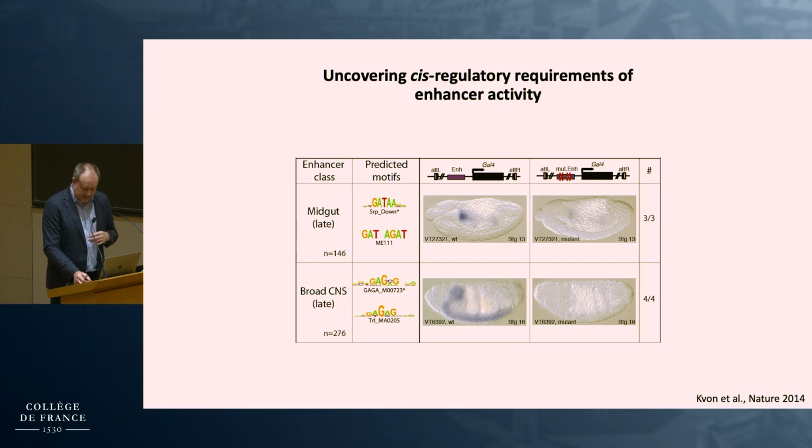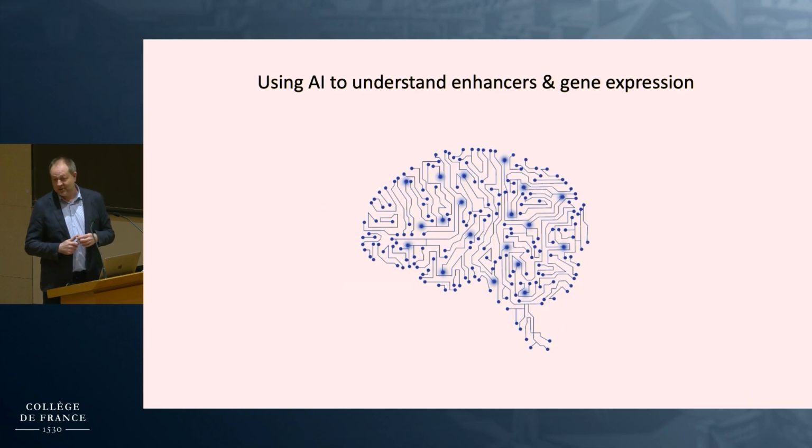Until more recently, when artificial intelligence came to the lab in the form of a PhD student, Bernardo Almeida, who suggested that we could potentially use these very powerful machine learning tools that you're all familiar with, that come to us in the form of, for example, ChatGPT or the celebrated successes in protein folding with AlphaFold.